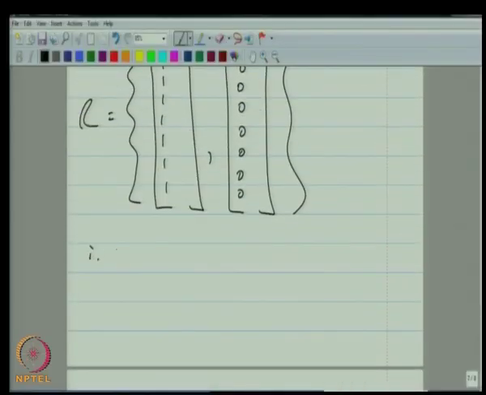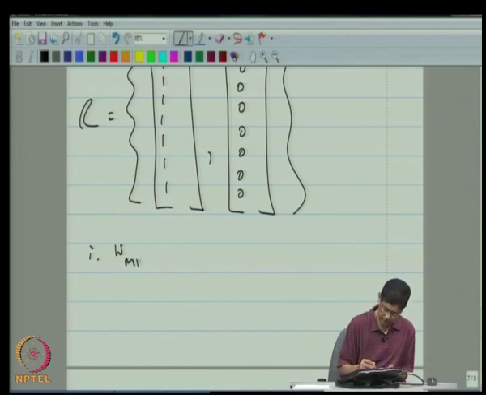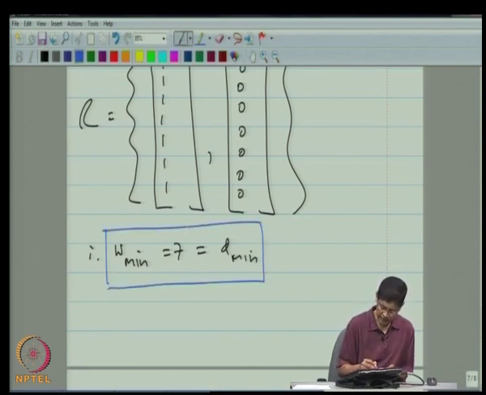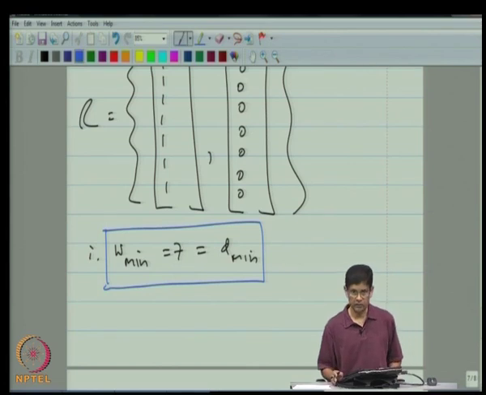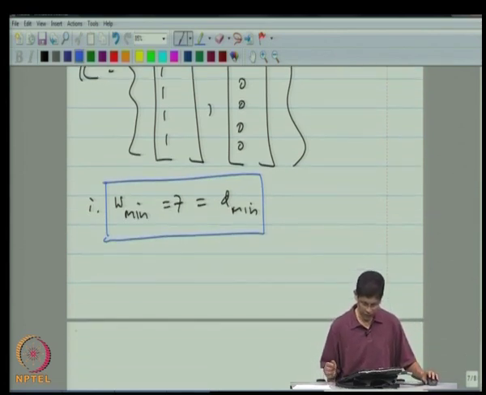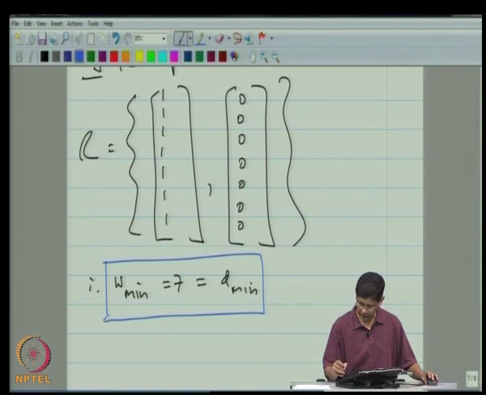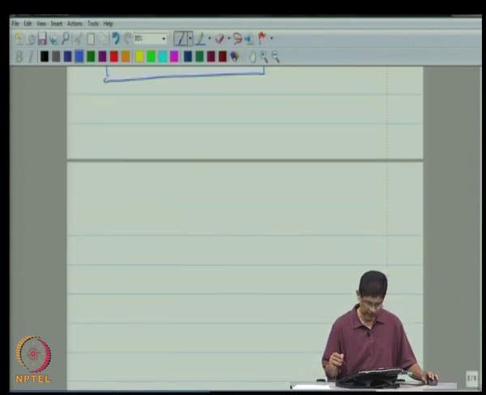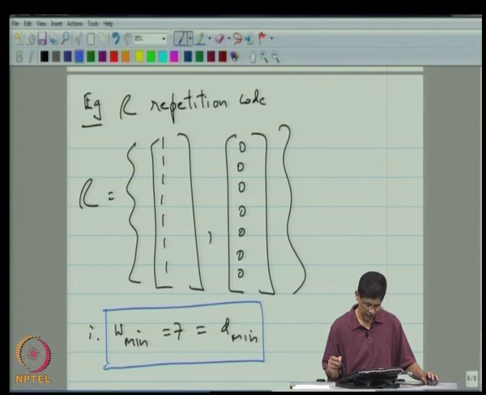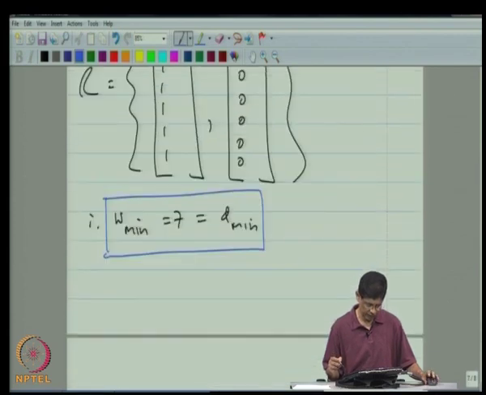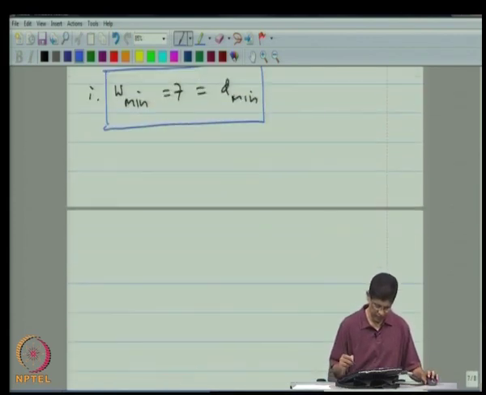Therefore, W min is equal to 7 is equal to D min, and we have seen that before, but I just want to illustrate how much easier it is to find the minimum distance if you use this. It is not so clear here, it will become a little clearer in the next and perhaps even more clearer in other examples.